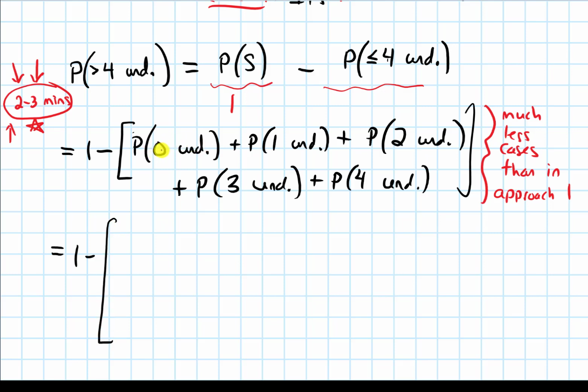So if we have 0 undecided voters, overall, we're surveying 15 people. So we'd have 15 choose 0 of them to be undecided. Okay, and then we're going to multiply that by p to the something. So what was our probability of success? It was 0.06. And in this case, we have 0 undecided voters, so 0 successes.